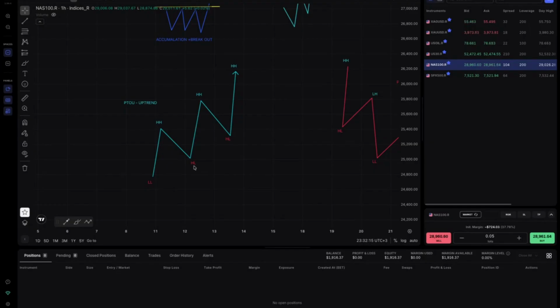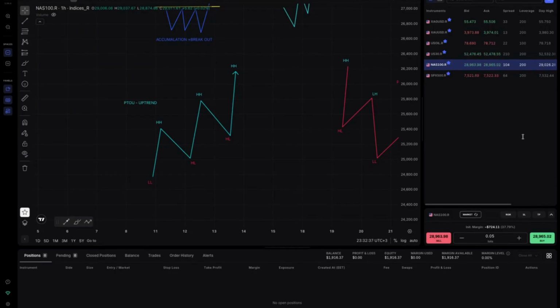And then a low after that is higher again, which is now another higher low. So you have two chains happening on both sides. You have the top points making higher and higher highs, and then you have the bottom following at the same time.